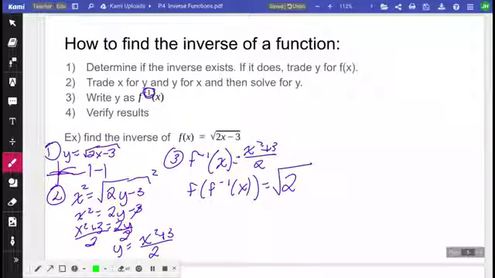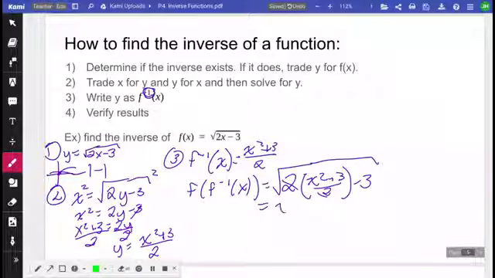So in place of x, I will have x squared plus 3 over 2, and then that minus 3. Then I just simplify it. The 2's cancel. Okay, the x squared minus 3. Oh, that should be a plus 3. Can't read my own handwriting. Minus 3, and the 3's will cancel. I still have my square root, and the square root of x squared is just x.